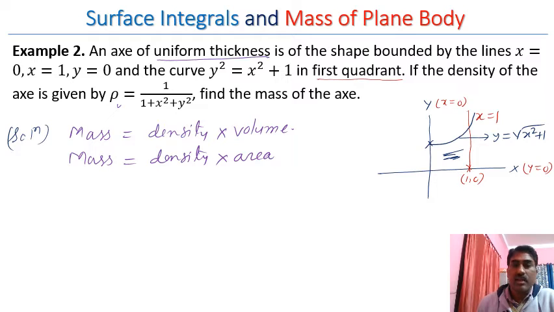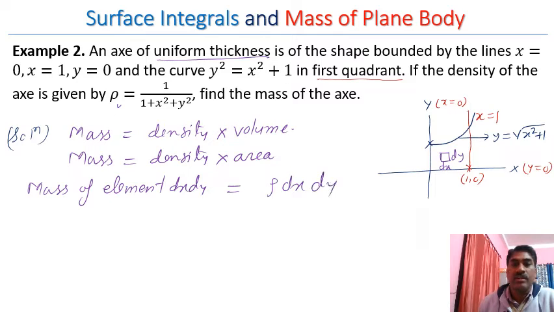So what is our area? Let us start with taking an elementary area. Let this be an elementary area of sides dx and dy. So area of this element is dx dy. So mass of element dx dy is equal to rho dx dy. What is rho?